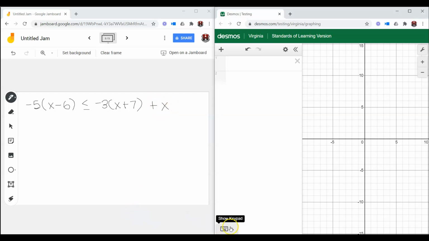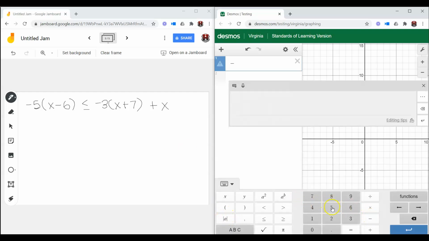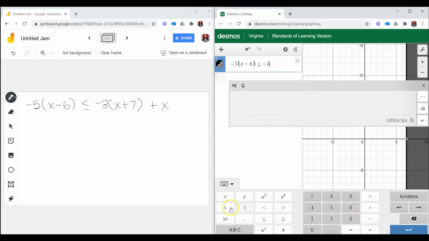All right, so over to my Desmos, I show my keypad and I type it in. So negative 5, parentheses x minus 6, close parentheses, less than or equal to negative 3, parentheses x plus 7, close parentheses, plus x.